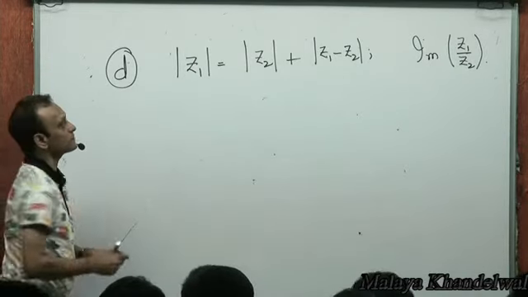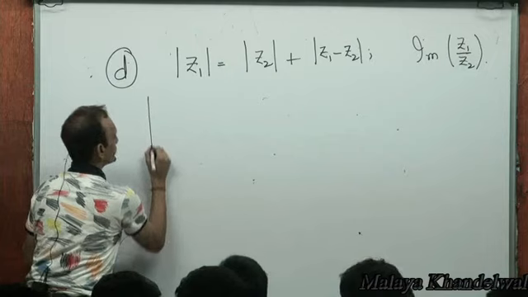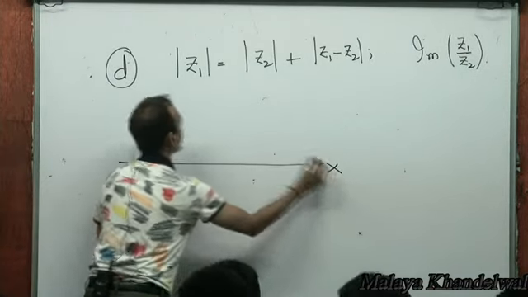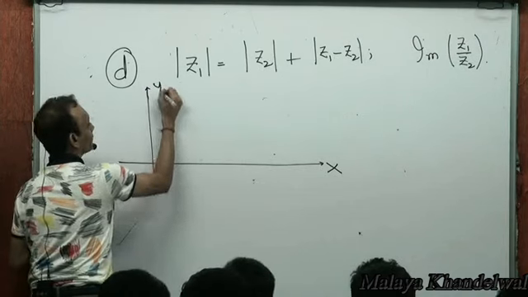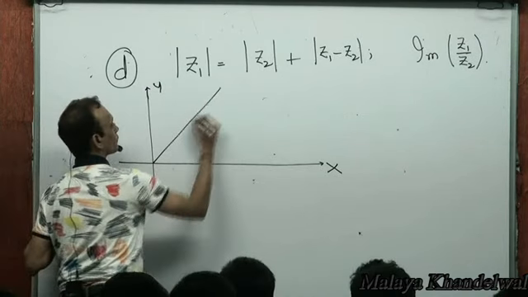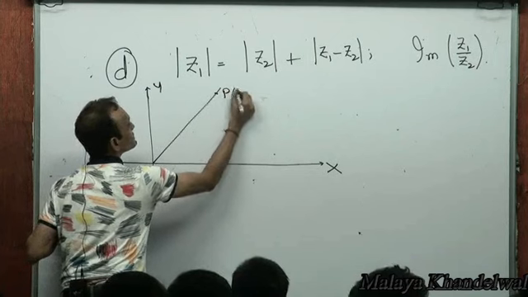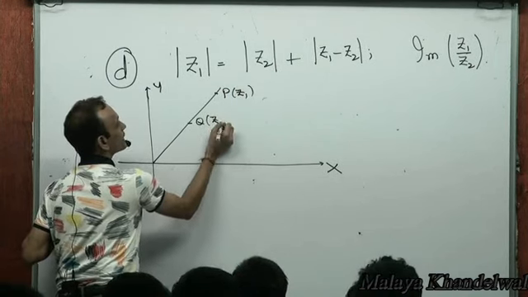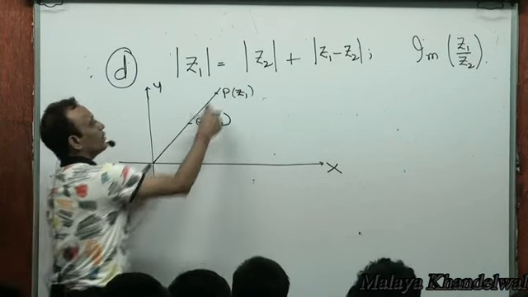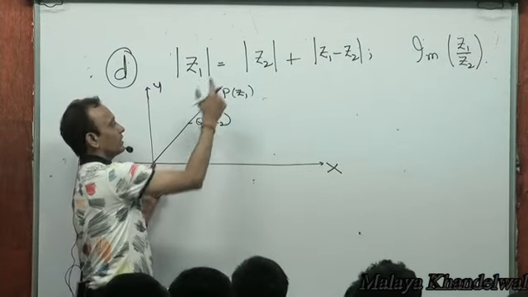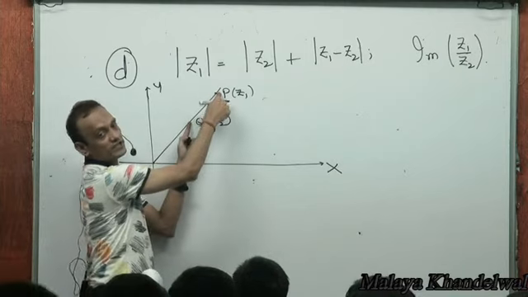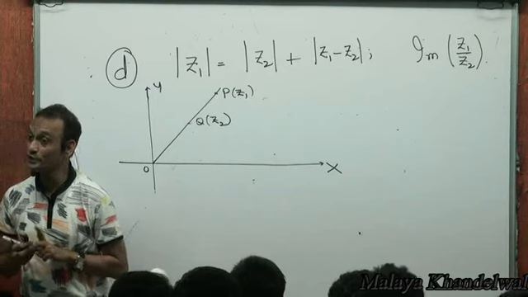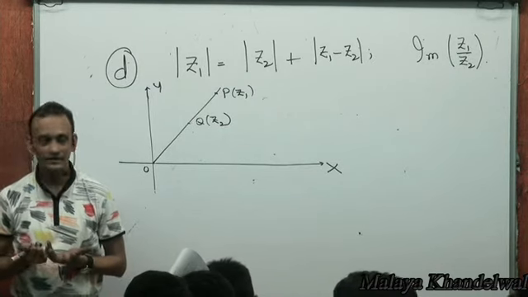This really means Z1 must be like this, Z2 must be like this. Mod Z1 is mod Z2 plus mod Z1 minus Z2. That means P, Q and O must be collinear points. This is what it means, right?